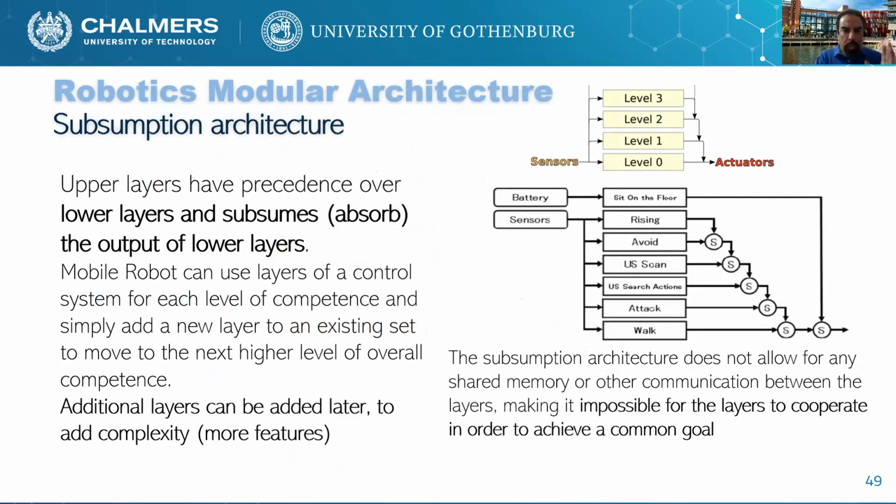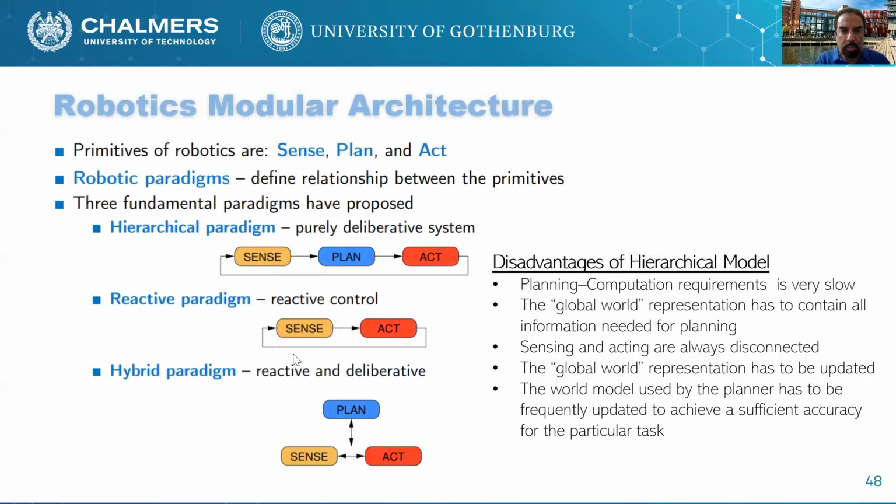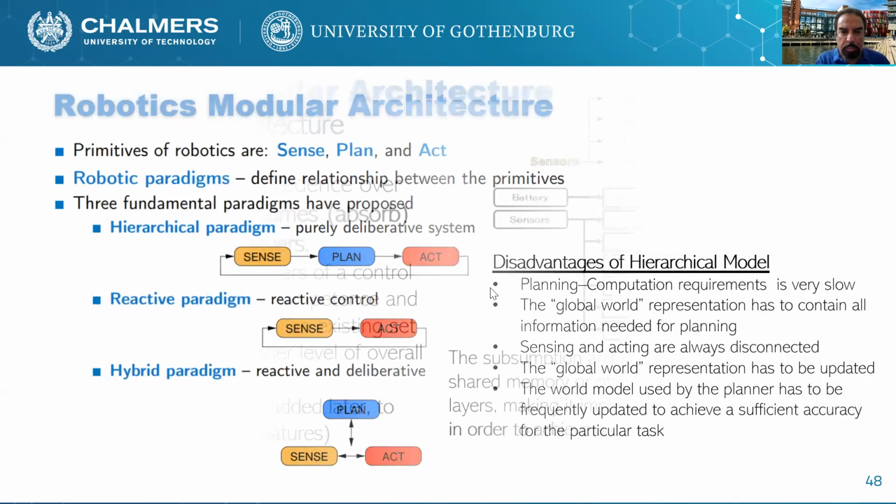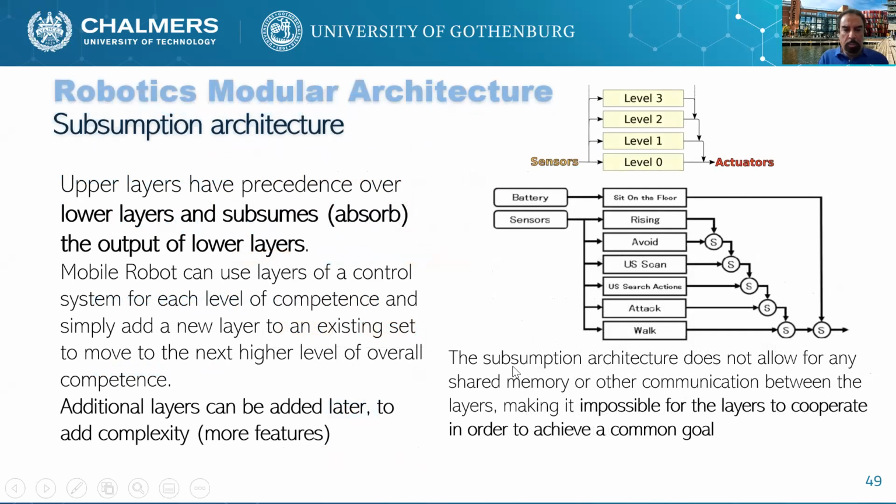The plan part, as you see in the previous slides, the plan in blue here has been expanded, and there was a proposal a long time ago to develop the so-called subsumption architecture. In the subsumption architecture, they envisioned that the intelligence of the robot has to be divided into features, or let's say functions, or sub-intelligences. If you notice in the subsumption diagram, they call these level 0, level 1, level 2, level 3, level 4.